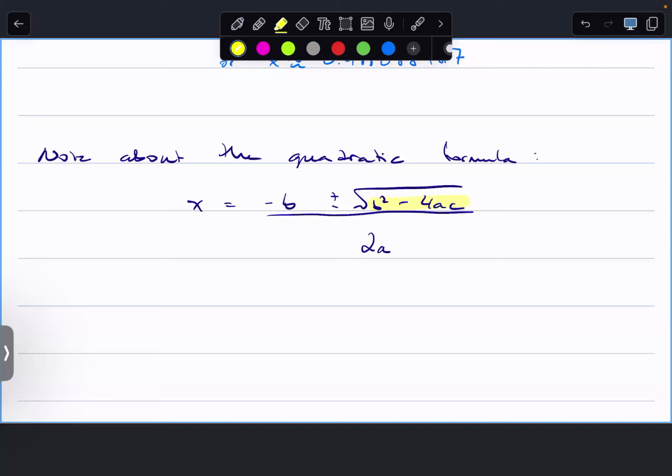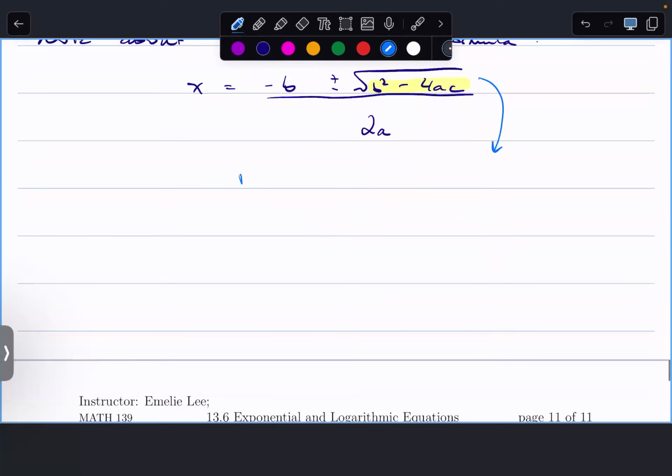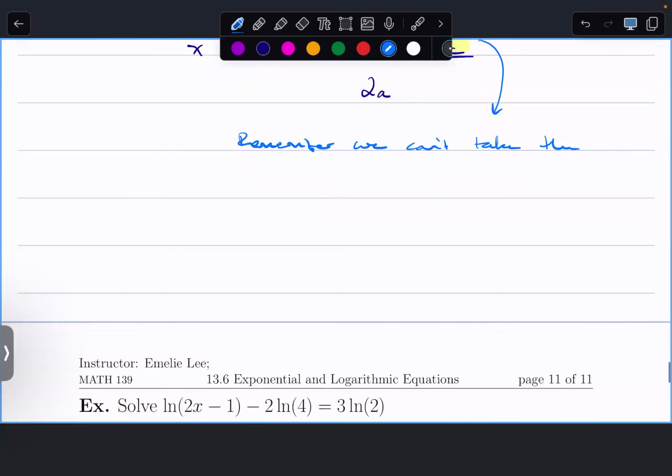Right? We have to be careful with square roots because I can't take the square root of a negative number, right? And so here, remember, we can't take the square root of a negative.